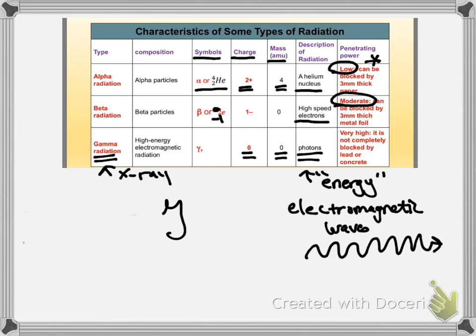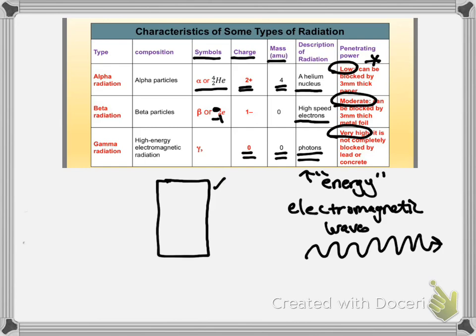The penetrating power of gamma radiation is very high. This means that gamma radiation can pass inside of many things. You can stop it with thick lead or concrete. So if I have a big piece of lead or concrete, like cement, then the gamma radiation cannot go inside.